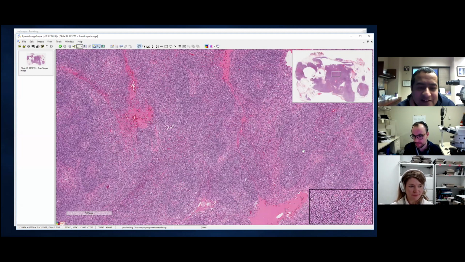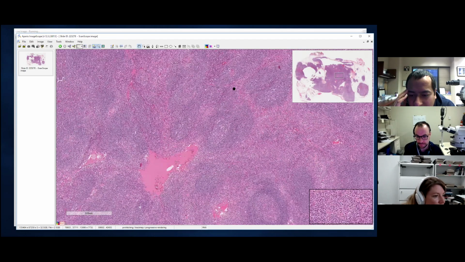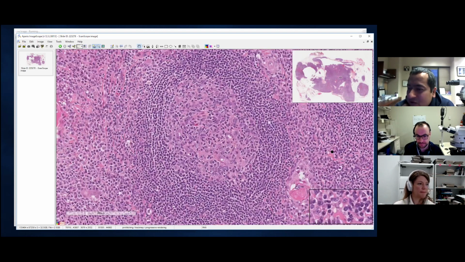Can I make an observation here, Eve? I think you just went past a really prominent lymphoid follicle. Because of these prominent lymphoid follicles, and the patient also had a history of Sjogren's syndrome, my thought was, why is this not just reactive lymphoid hyperplasia in the thymus?